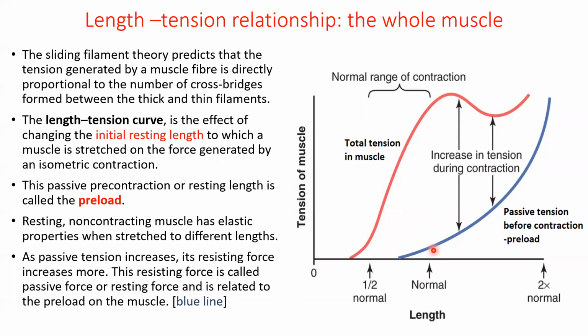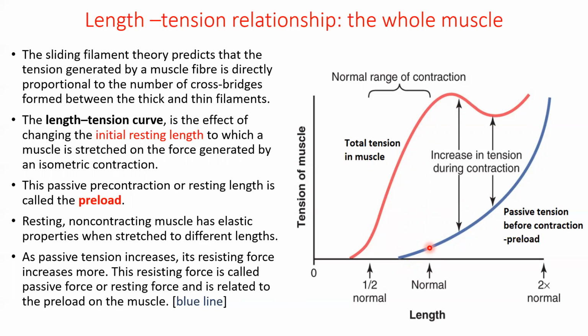And it is at almost zero passive tension. And in the body, that would be where the muscle is inserted at one end and at the other end of the bone. That will be its resting length.